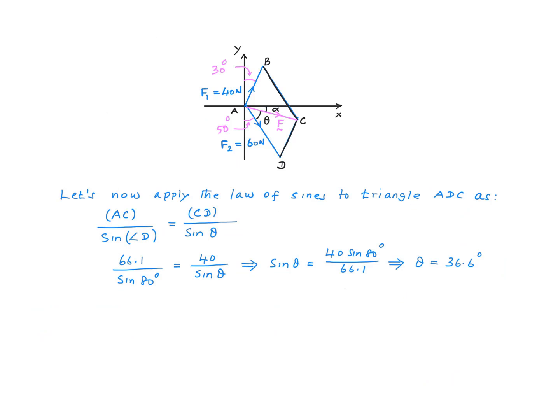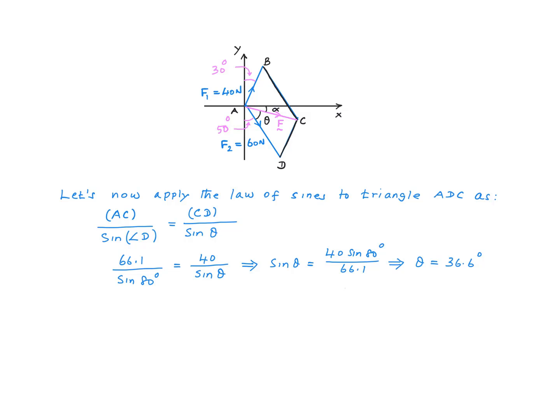As part of defining the direction of the resultant force F, let's first find this angle theta. So theta is one of the three angles of the triangle that we have considered in the earlier slide, right? So now I'm going to use the law of sines in order to achieve this.